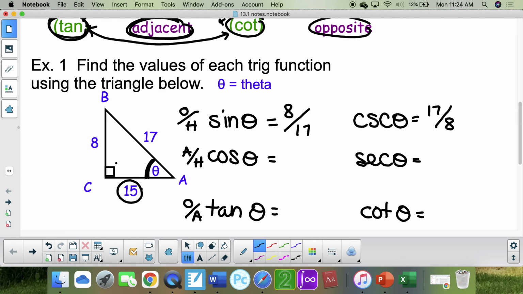Well, this is the adjacent side, 15, over the hypotenuse, across from 90, is 15/17. So secant is 17 over 15. And tangent is opposite, 8 over adjacent, 15. So cotangent is 15 over 8. So that's the first part of your assignment.